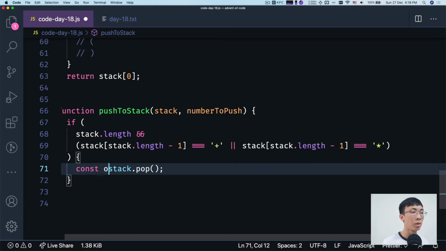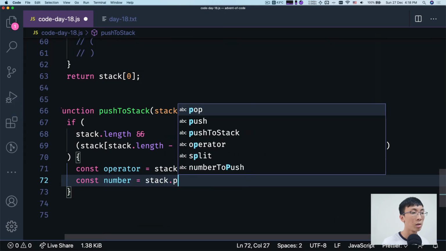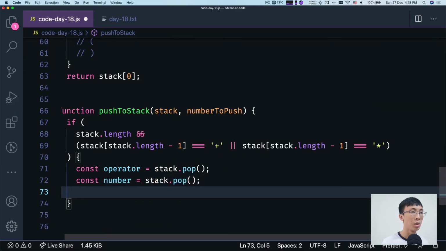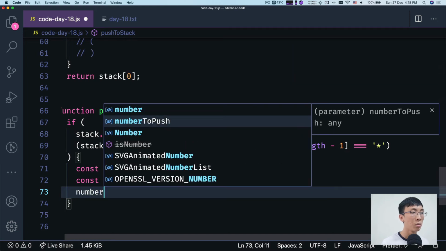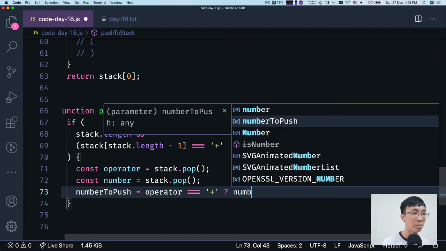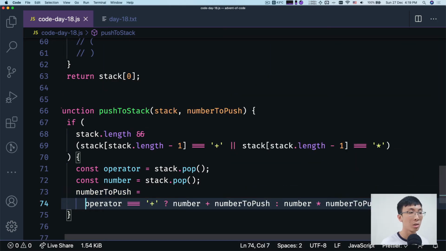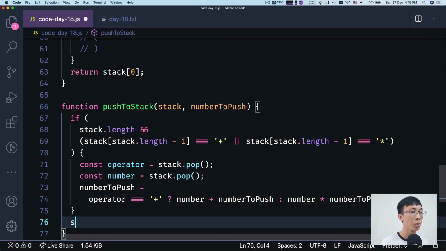So the first one will be the operator, and second one will be the number. So now the number to push would be equal to, depending on the operator, if it's a plus, then we are going to do number plus number to push, else number times number to push, and we're gonna push it, right?